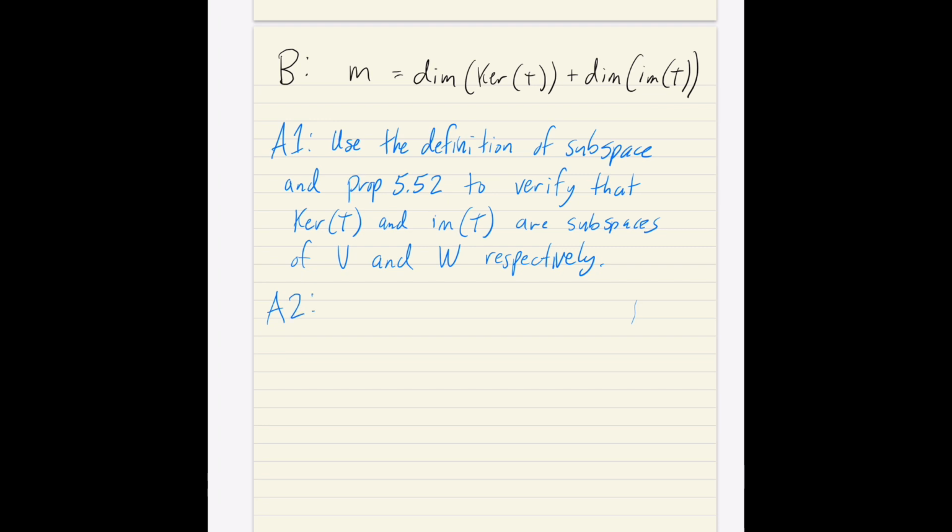So A2, from A1, now we go to A2 by theorem 4.87 and corollary 4.88, subspaces are spans of linearly independent vectors.